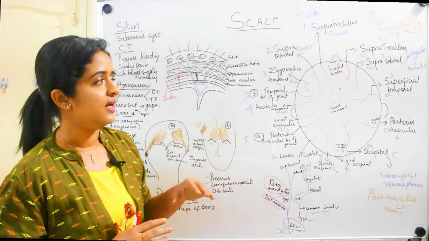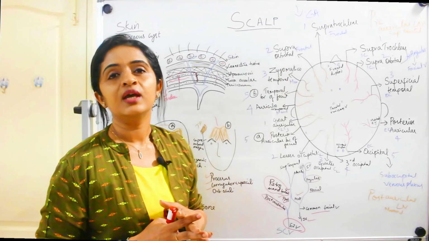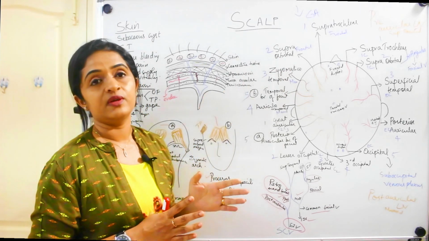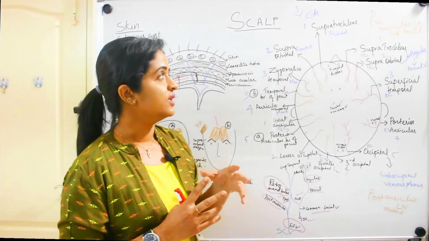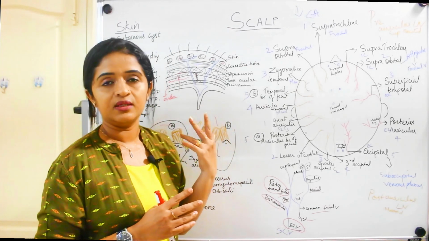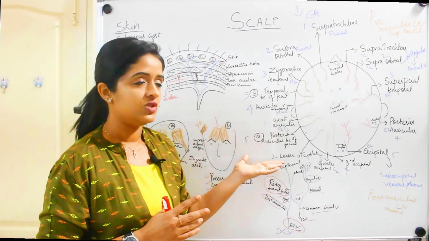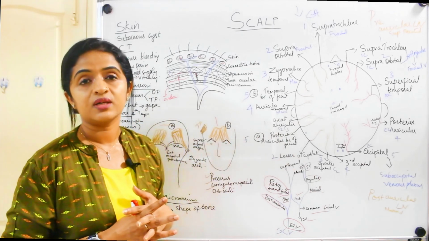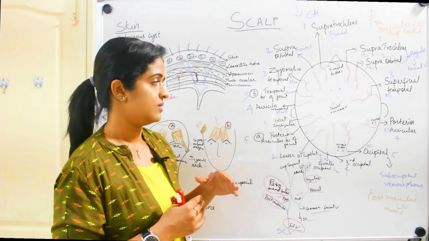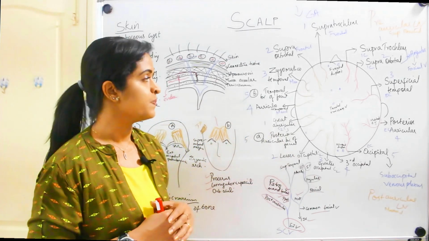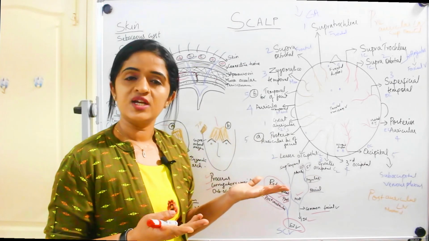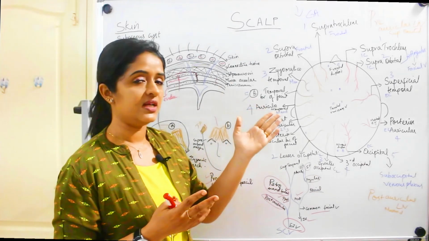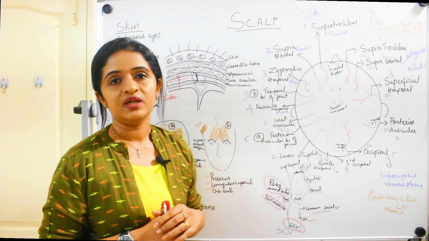So we can see that the anterior part, the branches are coming from the trigeminal nerve: the frontal nerve, then the maxillary, then the mandibular. Coming to the posterior part, the sensory part is coming from the cervical plexus, especially C2 and C3. And the motor part, in both the anterior part and the posterior part, is coming from the facial nerve.